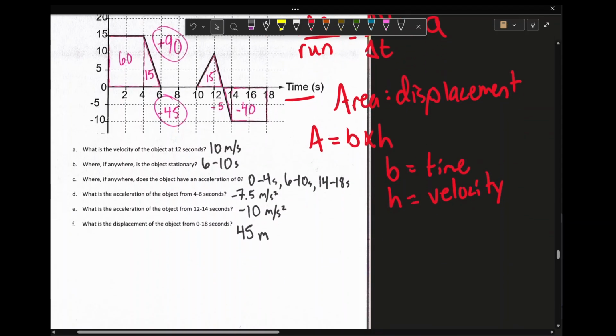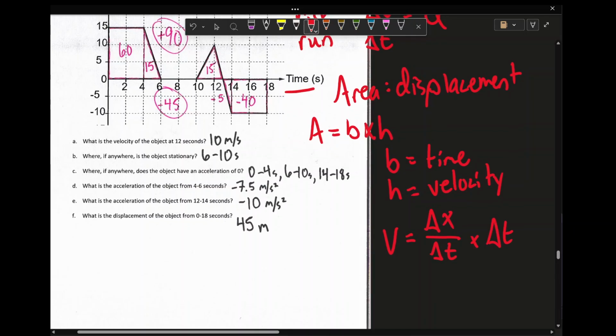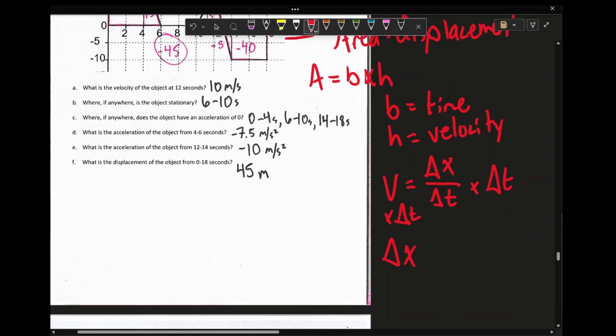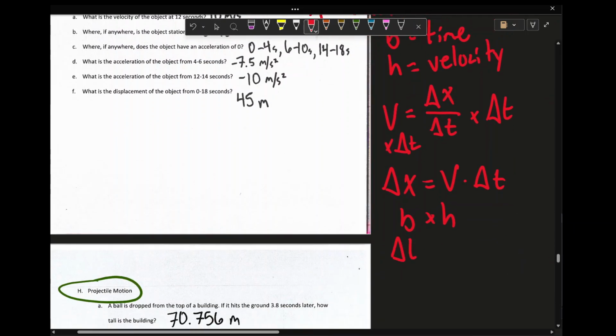If we look at the definition of velocity, it's displacement over time. If we multiply by delta t, we get that the displacement is the velocity multiplied by the time. So if we do the base times the height, where the base is time and the height is velocity, then by definition, the area is the displacement.